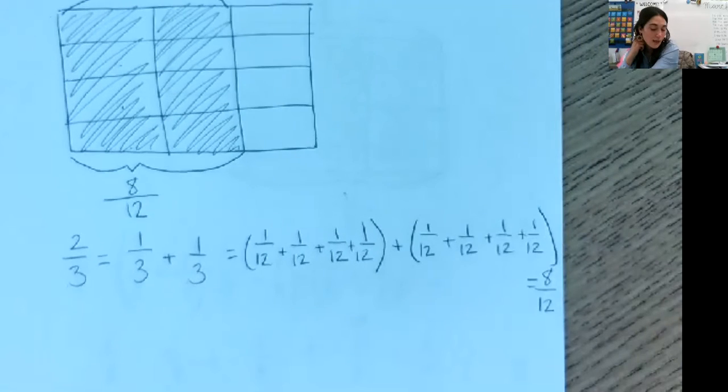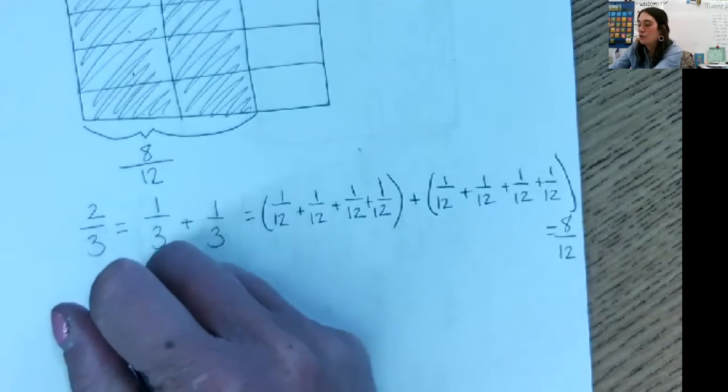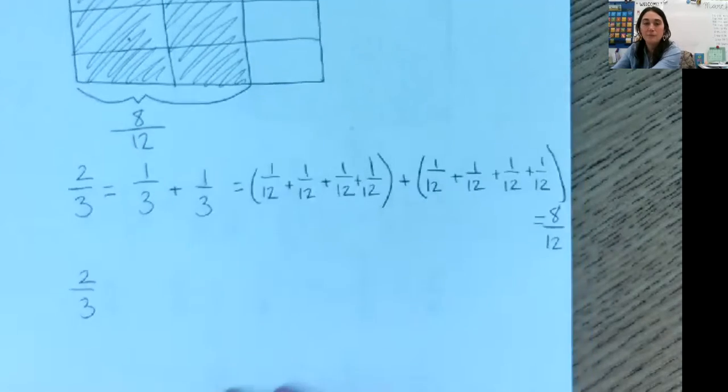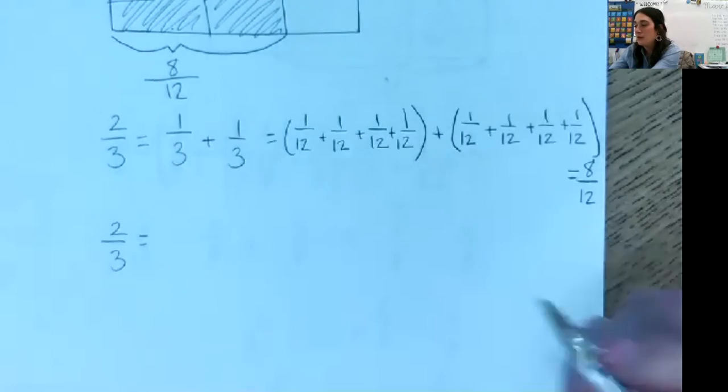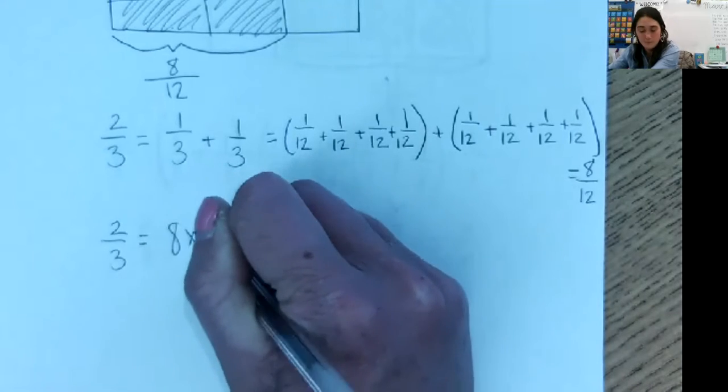8/12. I can write that as a multiplication sentence. 2/3 equals, well, 8 times 1/12.